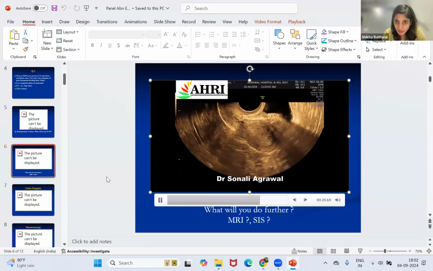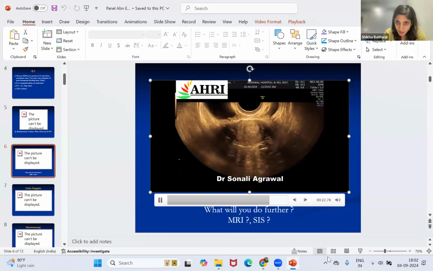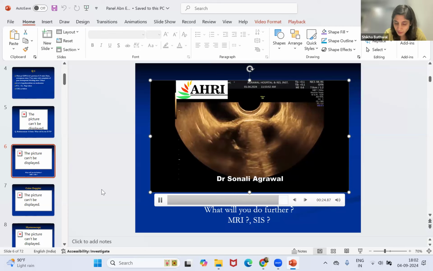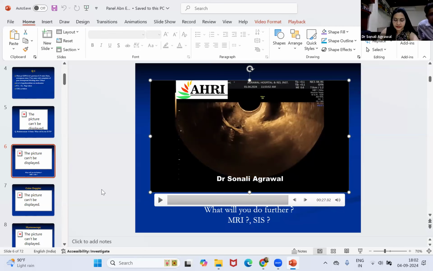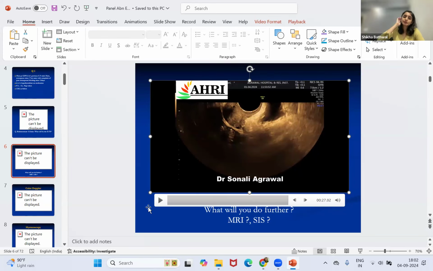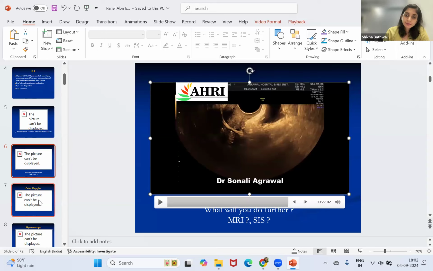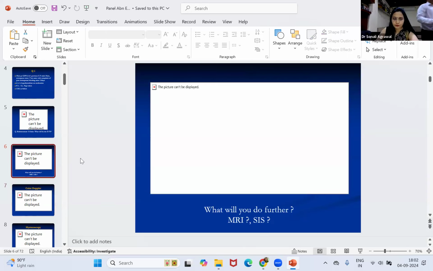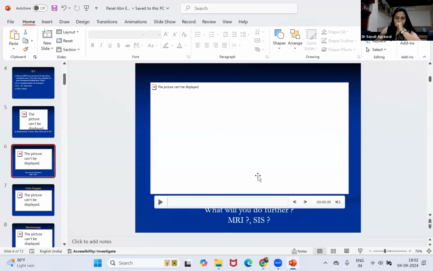and as much as I can see, the EMJ looks regular only, not so irregular, and mild cystic spaces here and there, minimal are there. So what you would like to do further in this case?